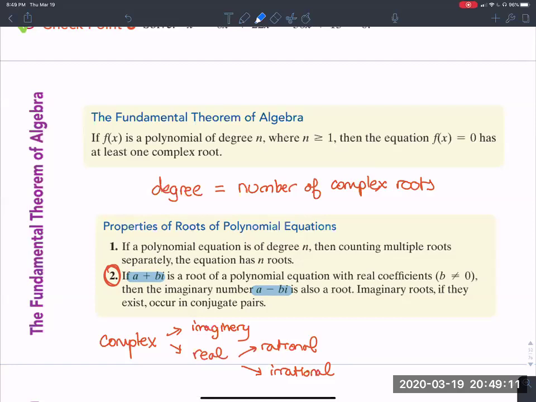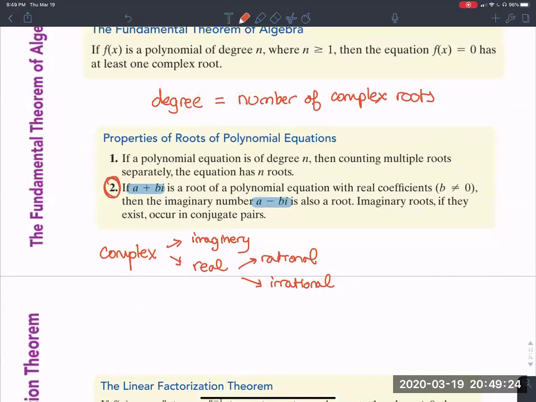Likewise, if you have irrational solutions like square root of 2, square root of 5, then its conjugate also is a solution. Just to reiterate, if you found that the solution is 1 plus 2i, then you know 1 minus 2i has to be a solution. If you find the solution is 3 plus the square root of 7, then 3 minus the square root of 7 must also be a solution.